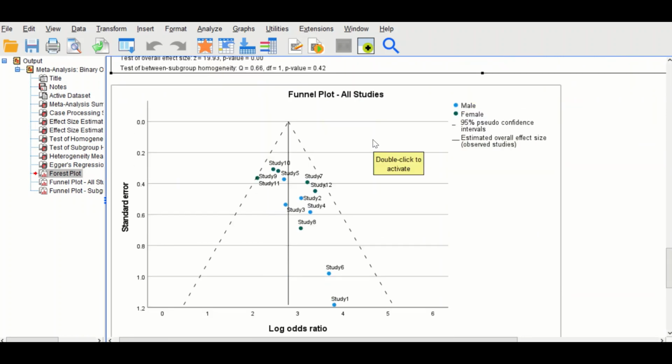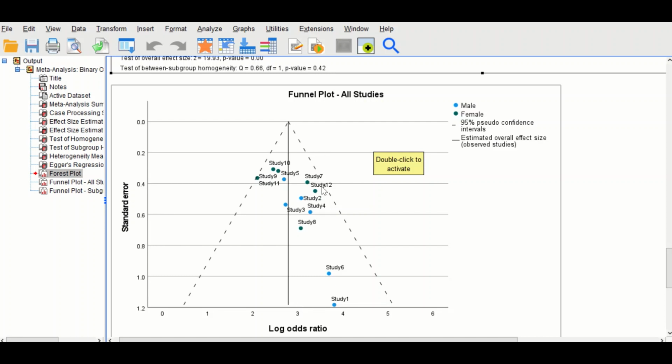Moving to the next plot, which is the funnel plot. As shown here in this funnel plot, there are 12 studies numbered from 1 to 12. On the x-axis is the odds ratio, and on the y-axis is the standard error, and the plot is in the shape of a funnel, and the line in the middle is the pooled odds ratio or the overall odds ratio, which is 2.79.